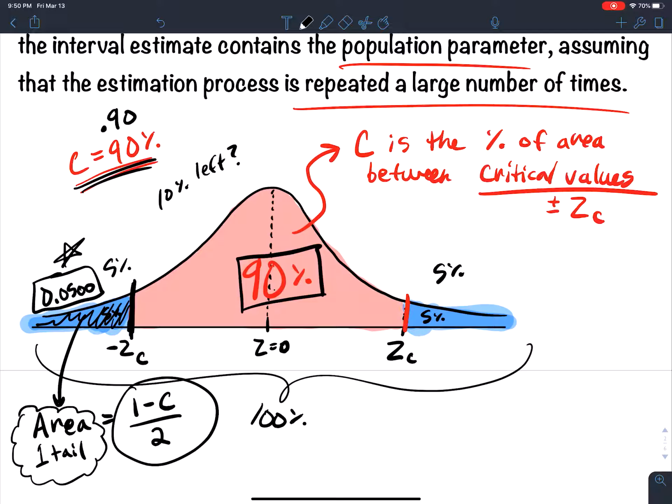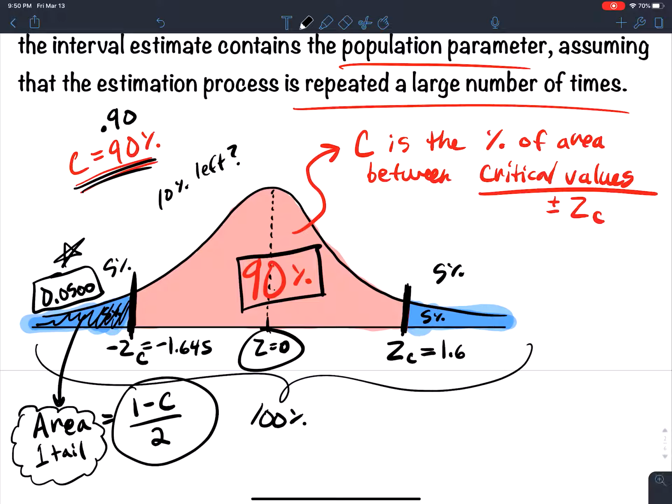Now, for you that are, bells are ringing, I've already told you to memorize this number. That number is going to be negative 1.645. Boom. If this is negative 1.645, over here on the right side, numbers to the right of 0 are positive.